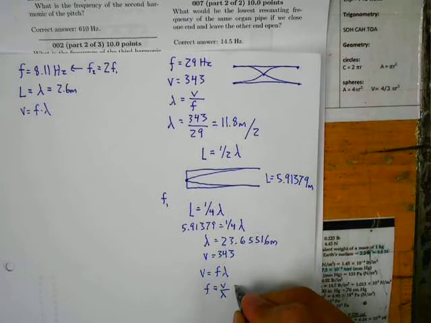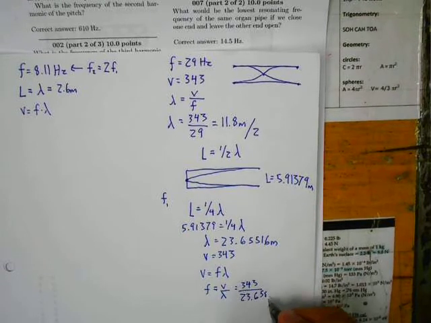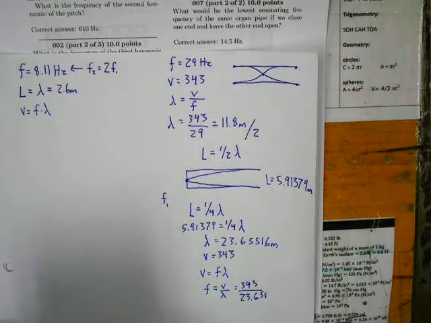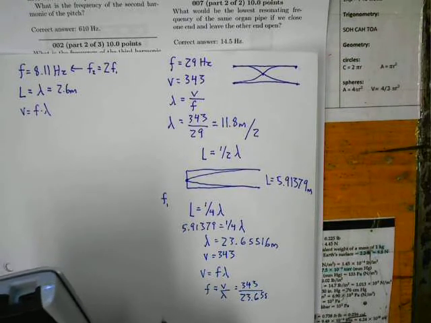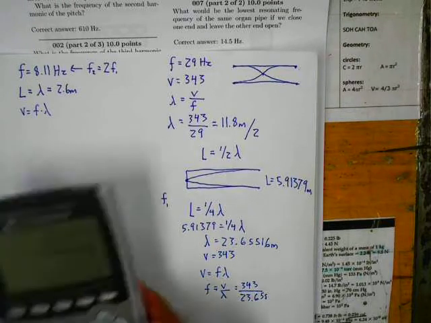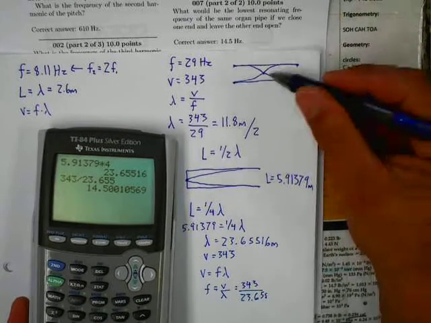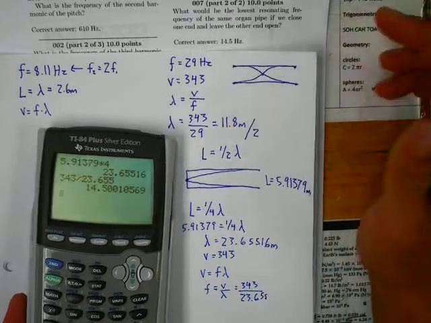All right, and I'm going to do 343 over 23.655 and change. Okay, so let's divide that. 343 divided by 23.655, and I get 14.5 hertz in the calculator. A couple zeros after it, and that's the same answer as up here.